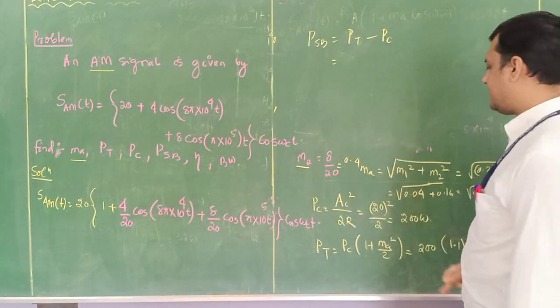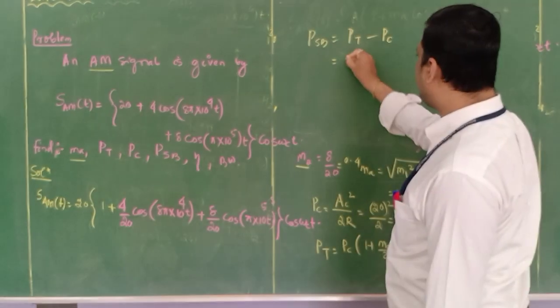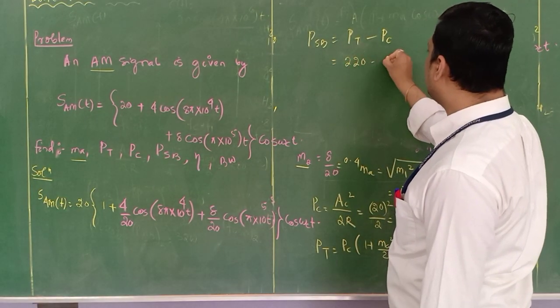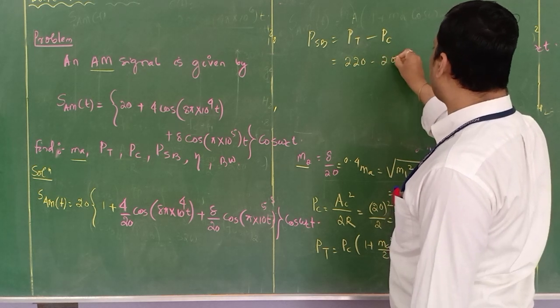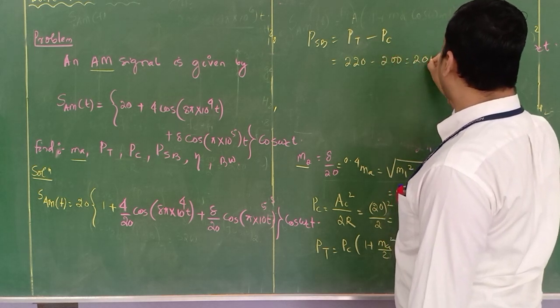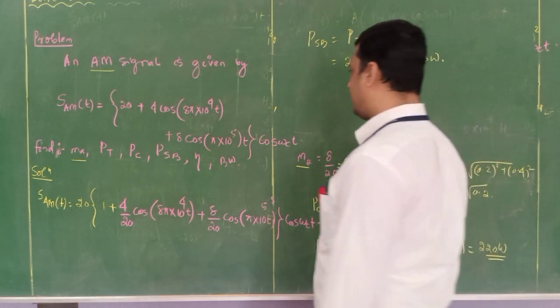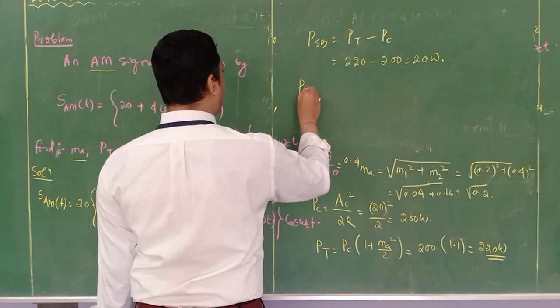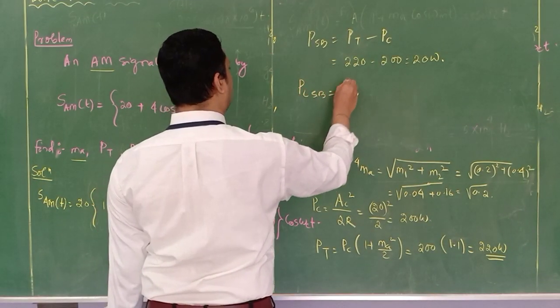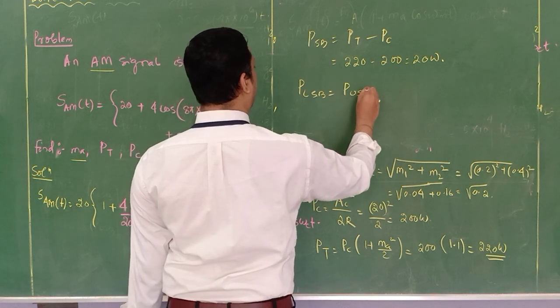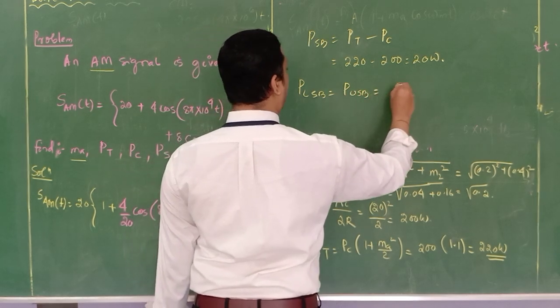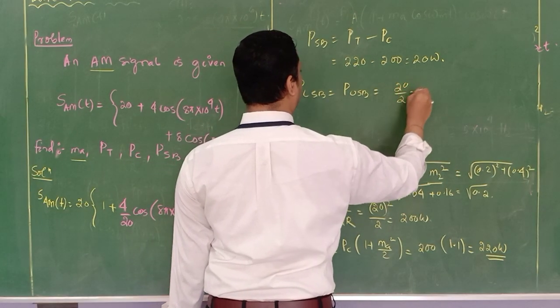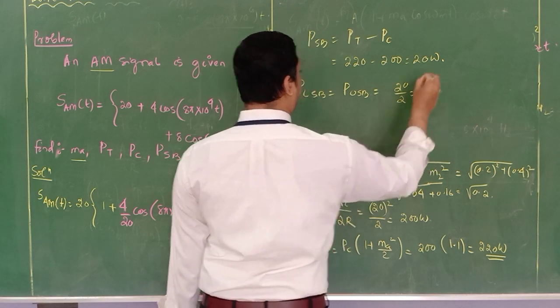So what is my transmitted power? Transmitted power is 220, carrier power is 200, sideband power is 20 watt. And what is the lower sideband power? It is 20 divided by 2, that is 10 watt.